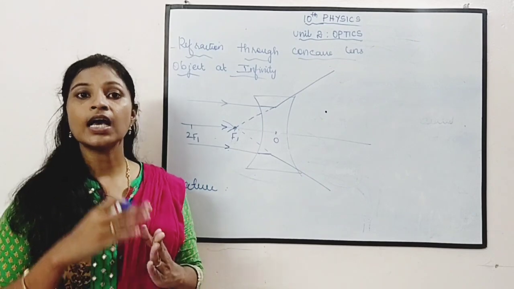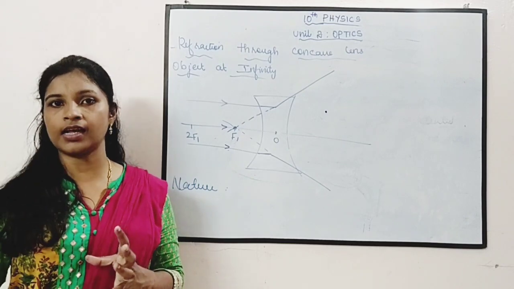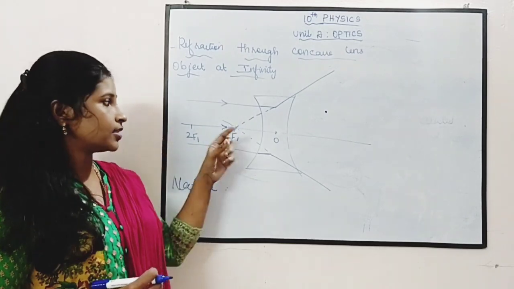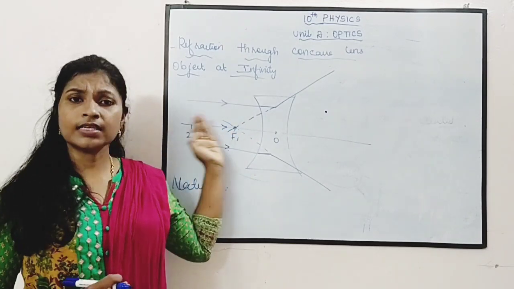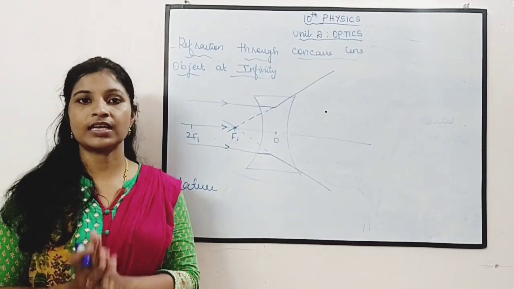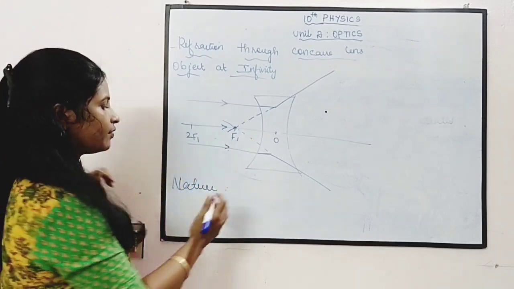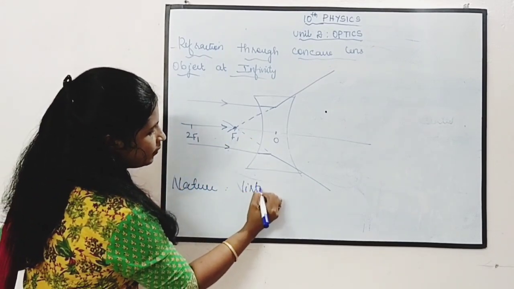What is a real image? A real image can be obtained on a screen. We can catch it on a screen. But a virtual image cannot be captured over a screen. Such a type of image is called a virtual image. So here we have obtained the virtual image.